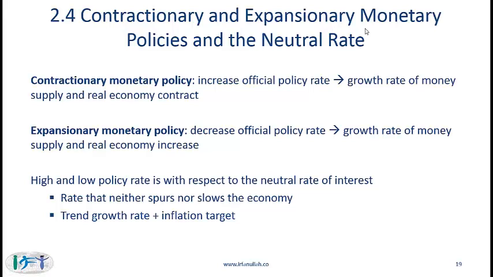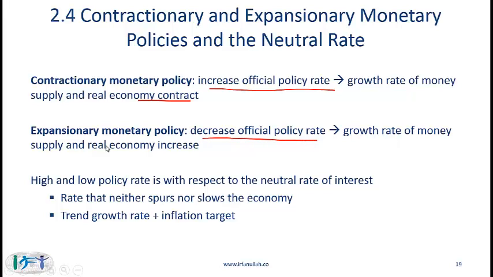Contractionary and expansionary monetary policies and the neutral rate. A contractionary monetary policy is where the central bank raises the official policy rate. This causes the growth rate of money and the real economy to contract. An expansionary monetary policy is where the central bank decreases the official policy rate.